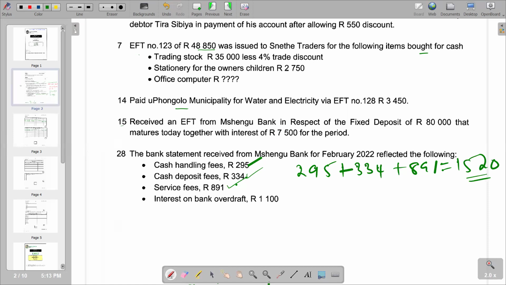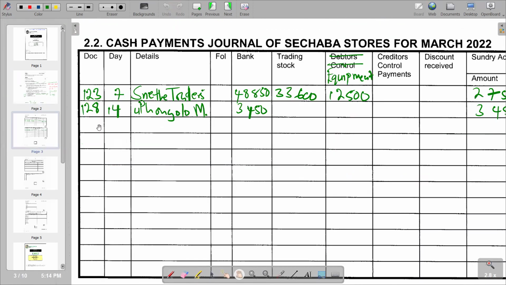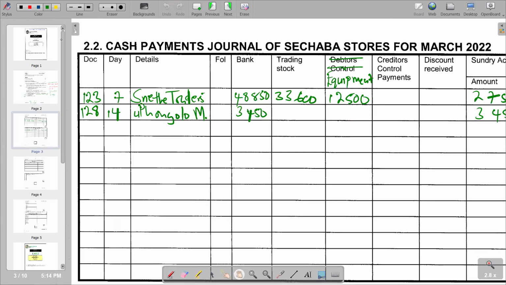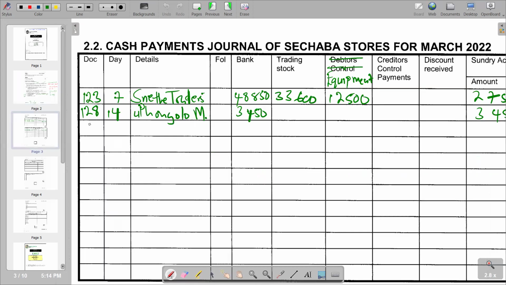So remember, these are payments. So obviously, the transaction is supposed to be under cash payments. So we go to the cash payment journal. This is our cash payment journal, and in terms of our documents, we refer back and see that this is from the bank statement, so we can just abbreviate it as BS.